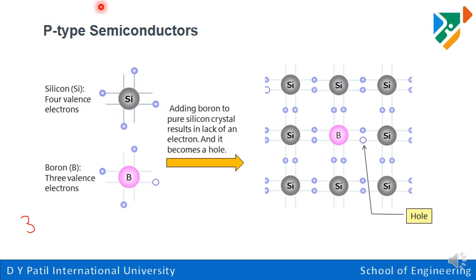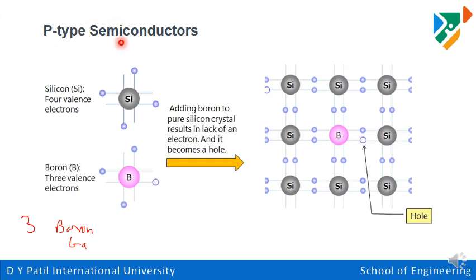That is used to build this p-type semiconductor. Examples of trivalent or acceptor impurities are boron, gallium, arsenide and indium. These materials we can use to make this p-type semiconductor.